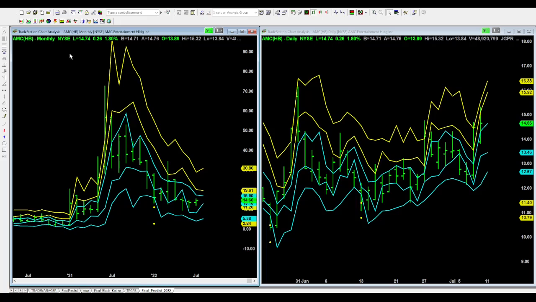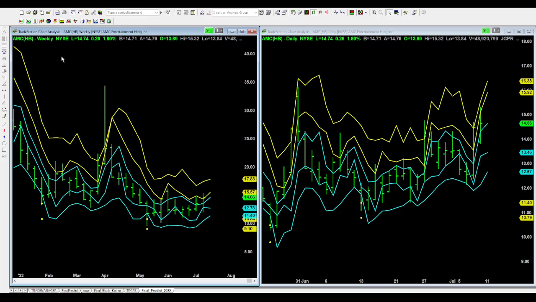Even on this weekly chart, last week it opened around this blue trend line, and at one point dropped below this trend line, but in the latter part of the week it increased to above this yellow trend line, and all these trend lines also have a good increasing trend.